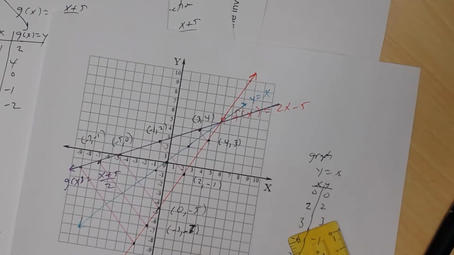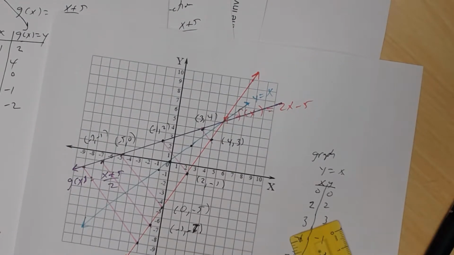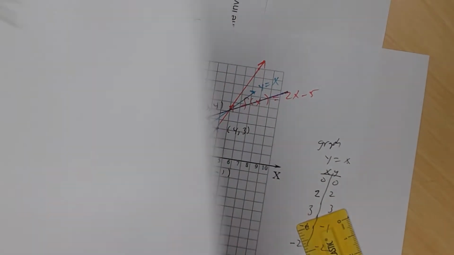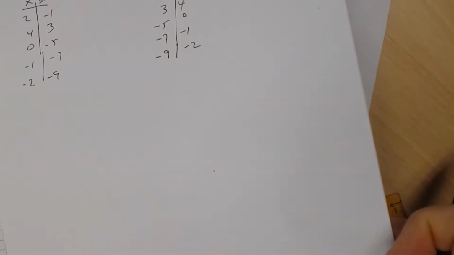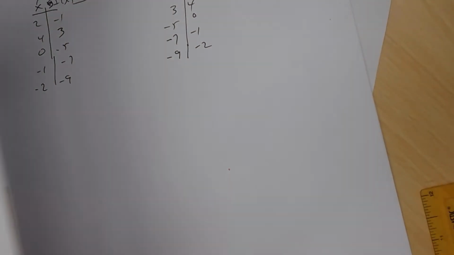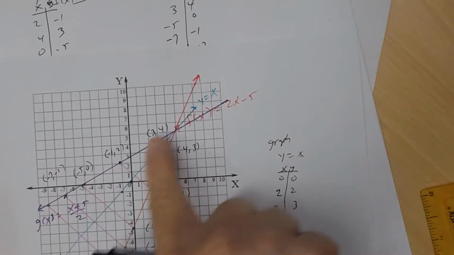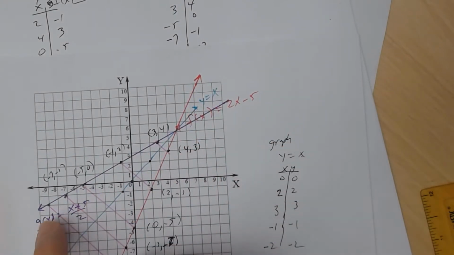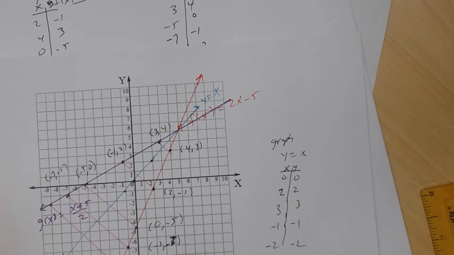Now I want you to notice something, and this is going to be important. I'm going to write it here. Based on what we just talked about, f of x and g of x are inverse functions. They undo each other.